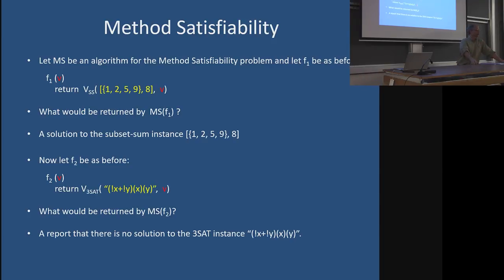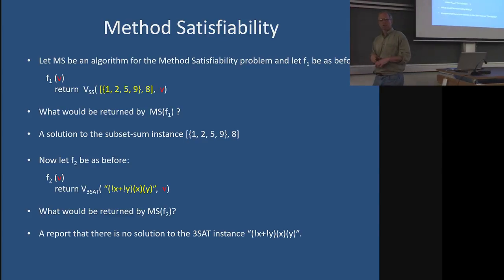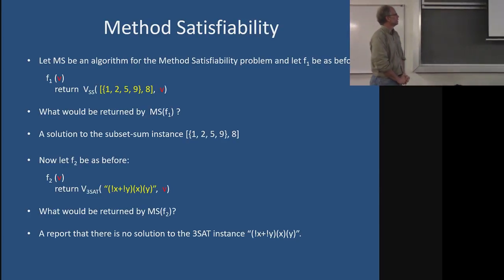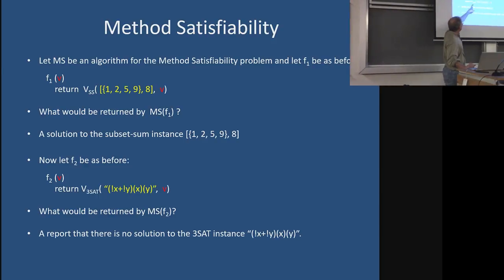We're doing a more constructive proof. How can we argue now that you take any problem from NP, you can reduce it to method satisfiability in polynomial time? I argue that the simple F here is a reduction from... Okay, so yes, the reduction is to take the verification algorithm and build this method here.